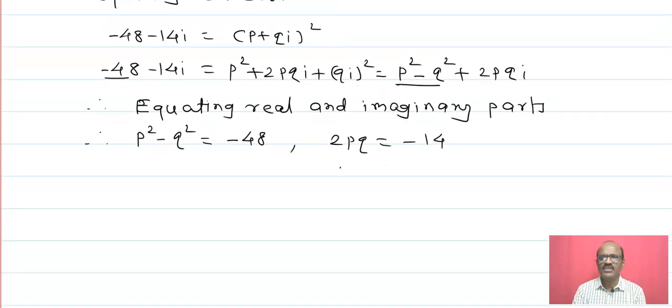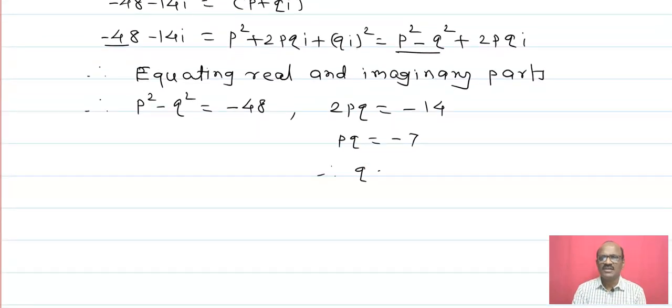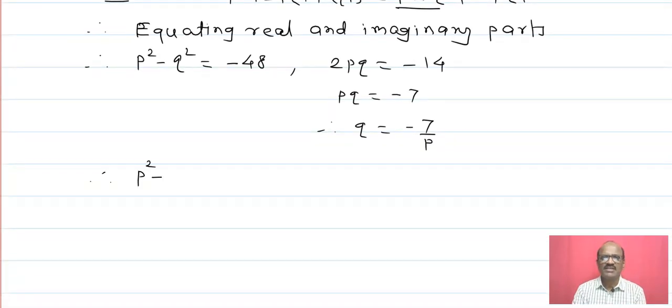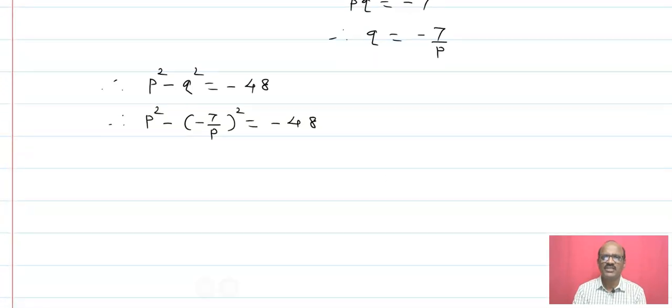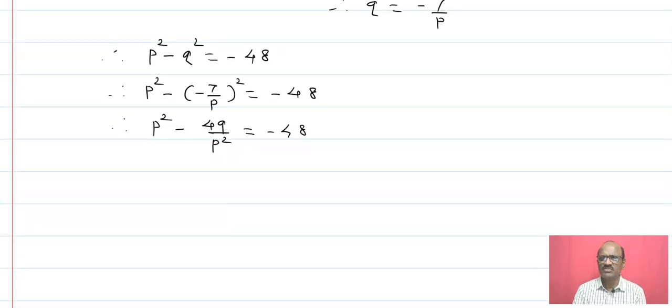Therefore, the value of q is equal to minus 7 upon p. And so, in p square minus q square equals minus 48, substitute the value of q, that is p square minus (7 upon p) square is equal to minus 48. Simplify this: p square minus 49 upon p square is equal to minus 48.